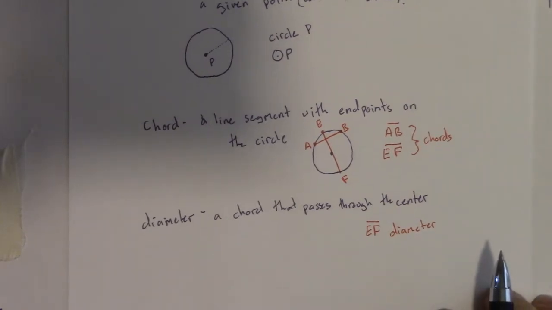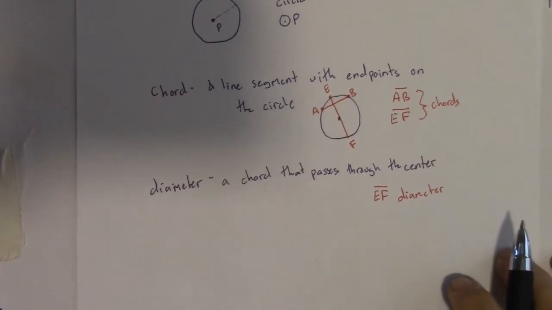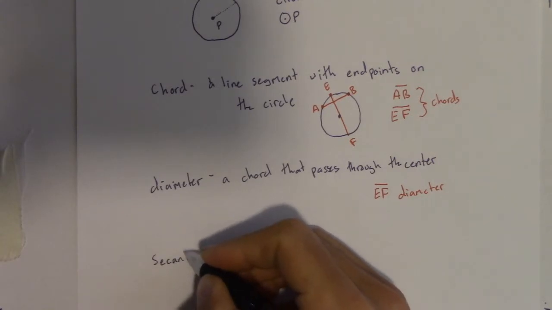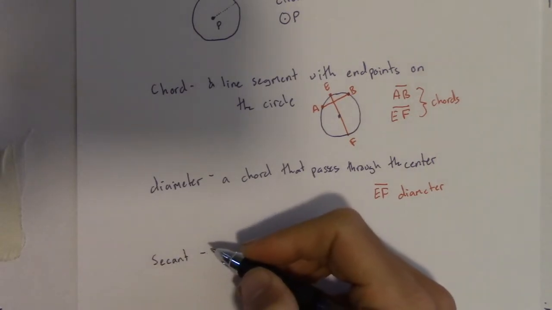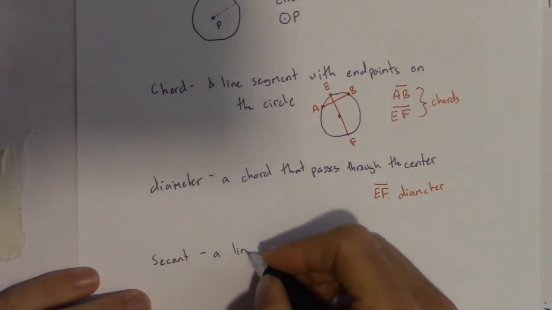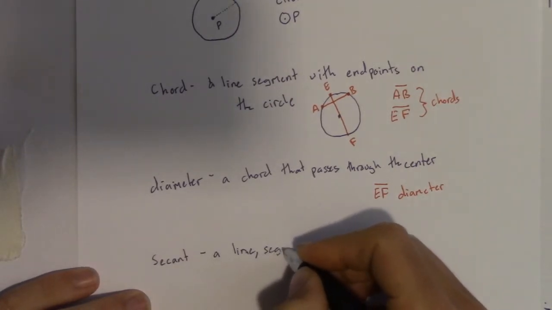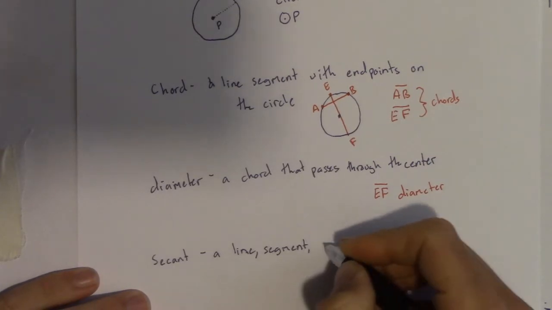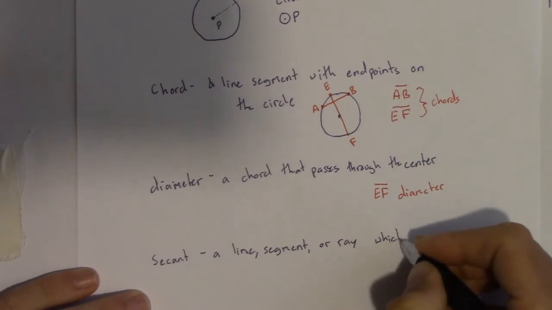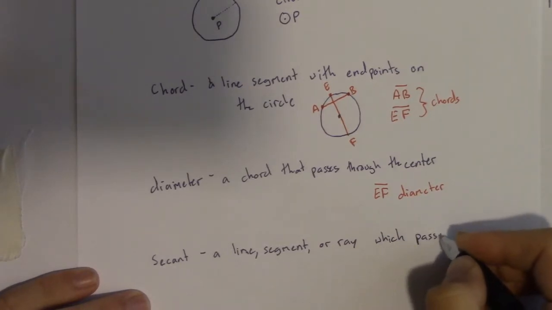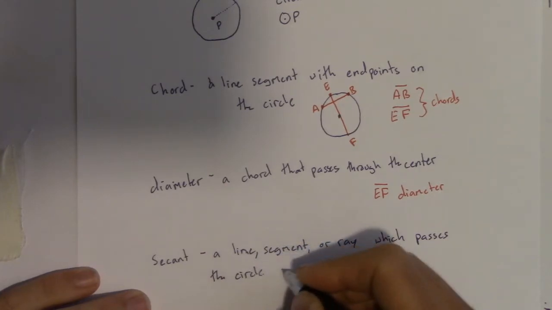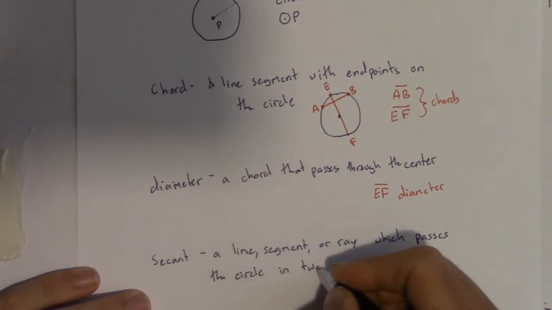Now our segments don't need to stay inside of our circle. We also have what's called a secant line, which could be a line, segment, or ray, which passes the circle in two spots.